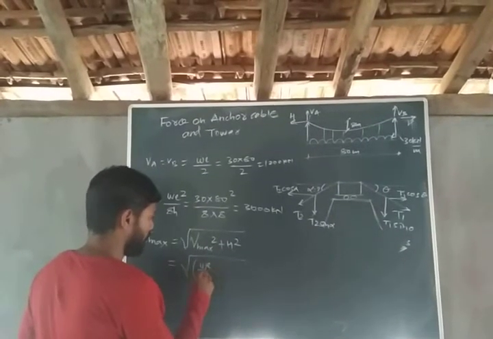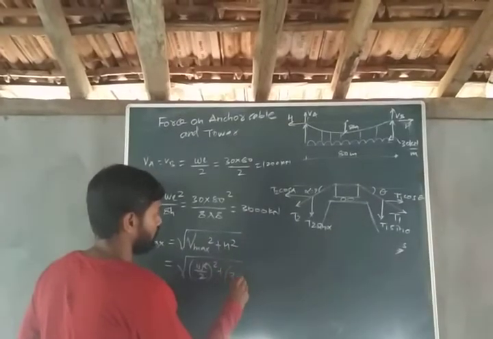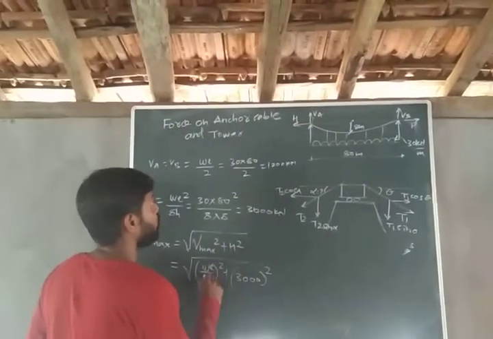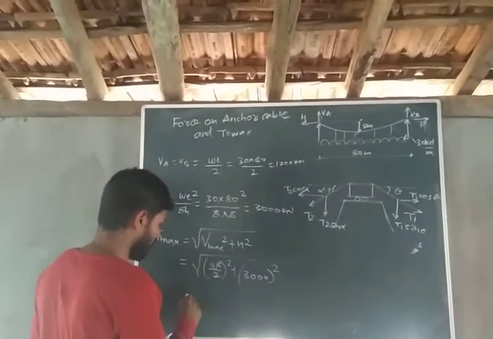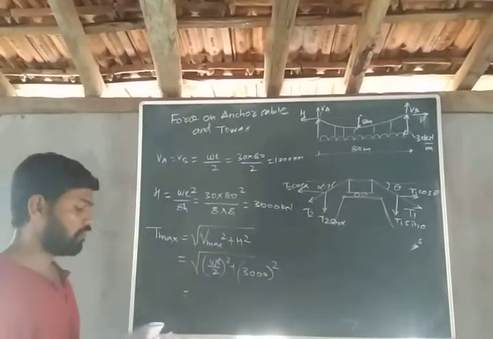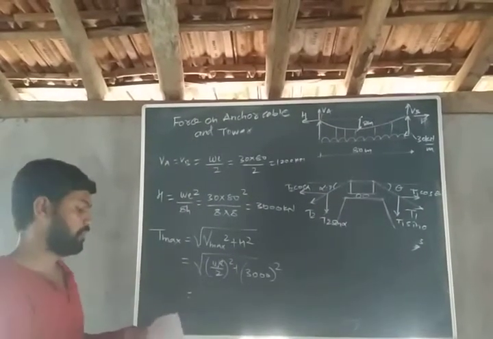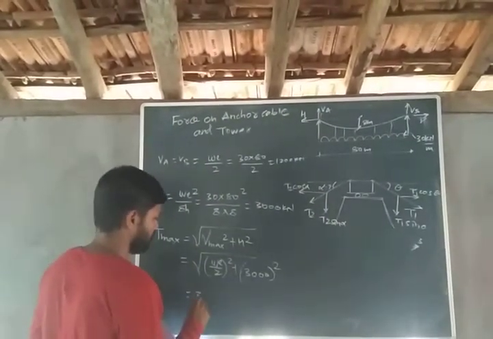So WL divided by 2 square, H is 3000 square, WL by 2 we have calculated is 1200. If you substitute here and calculate, the value of T max is 3231.09 kilonewton.